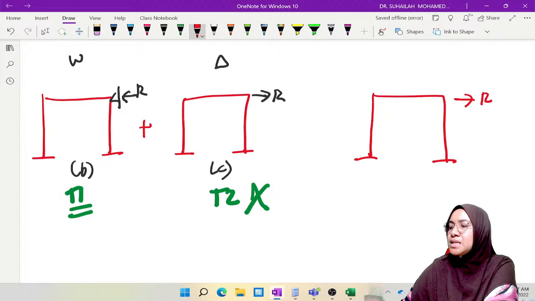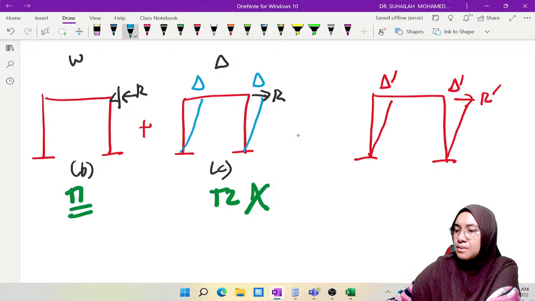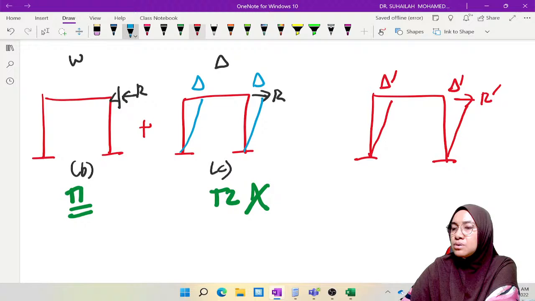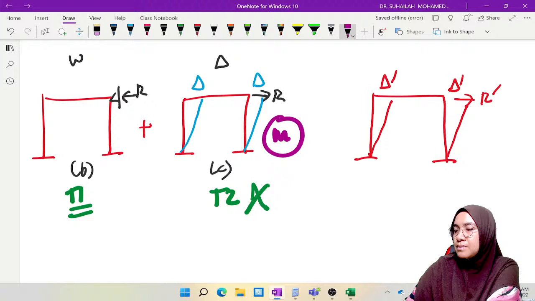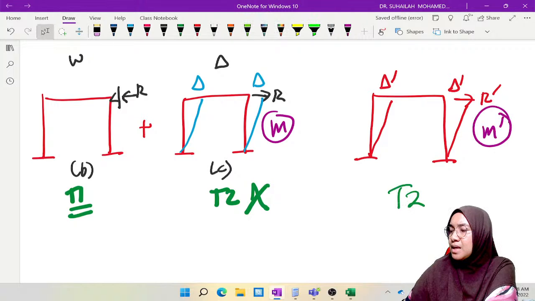In this one, this is delta. So R, delta, M here. Here M. But the proportional one, this is M prime. So this is table 2. This is table 2.